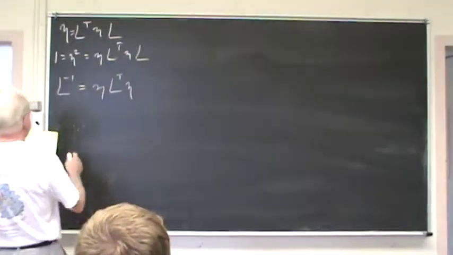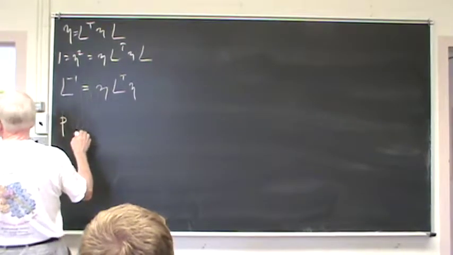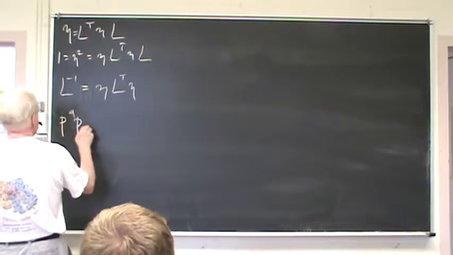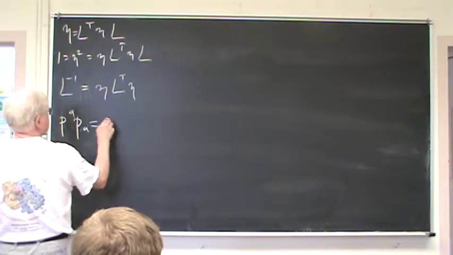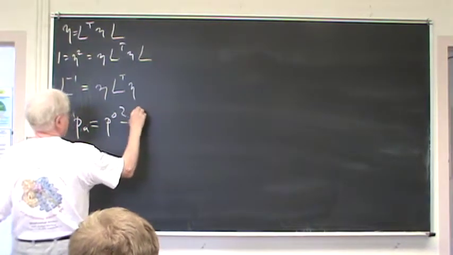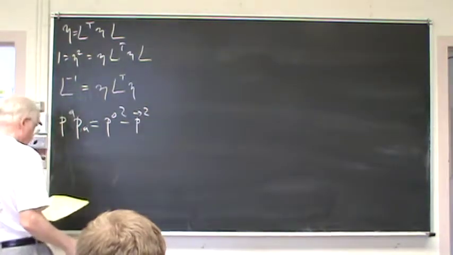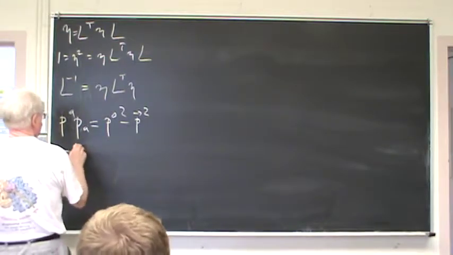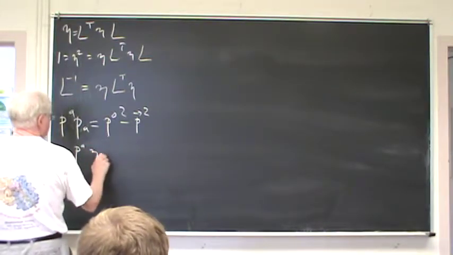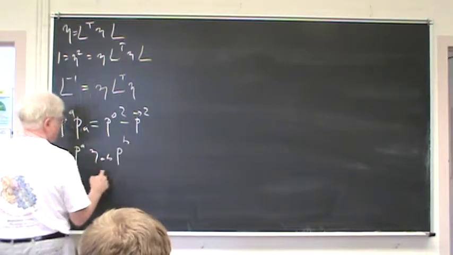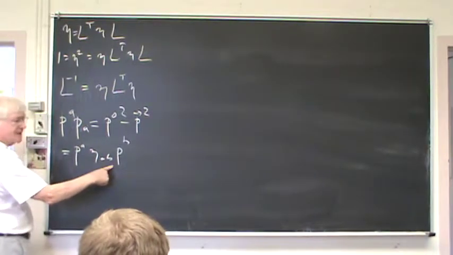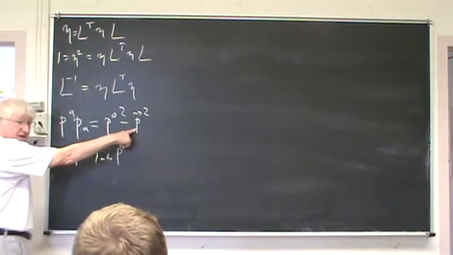And so, for example, if we have a free particle of momentum P, then P^A P_A, which is P0 squared minus P vector squared. In other words, this is P^A eta_AB P^B, and this eta_AB just flips the sign of the space part, so you get a minus sign here.